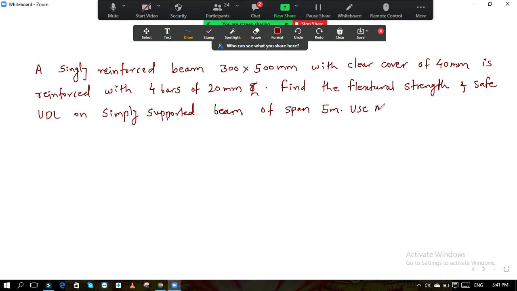Use M20 and Fe 500. So this is the given numerical.